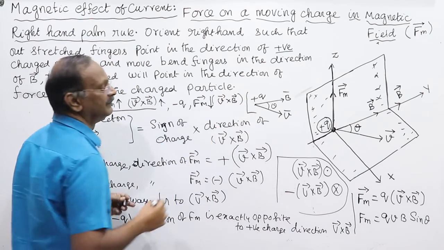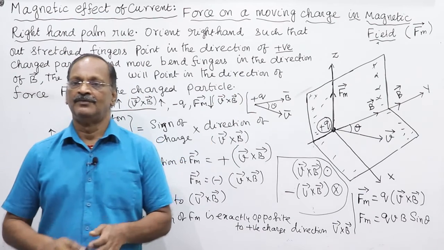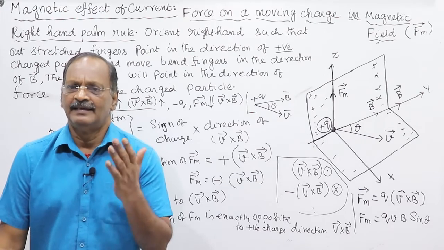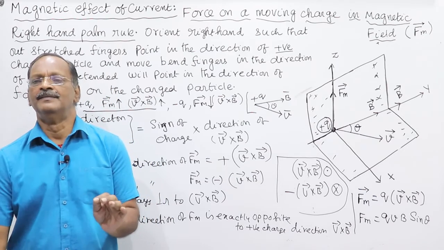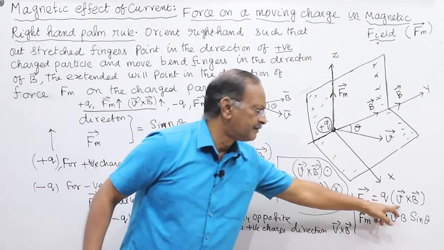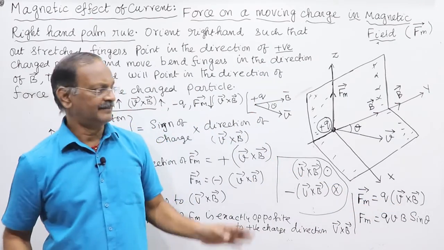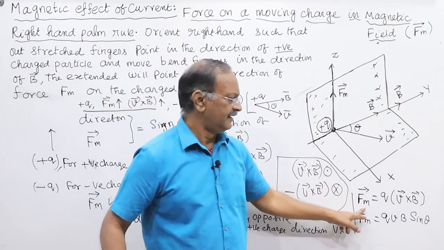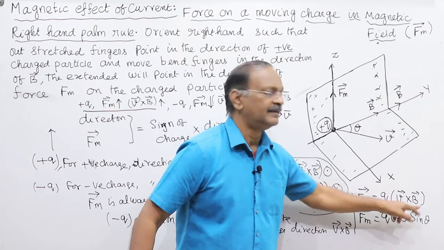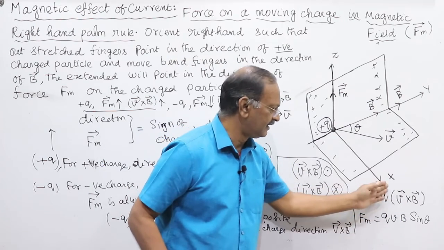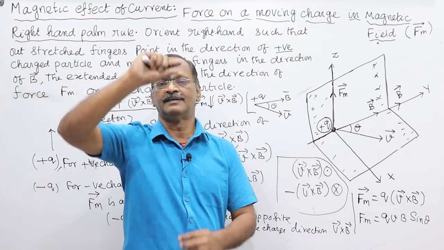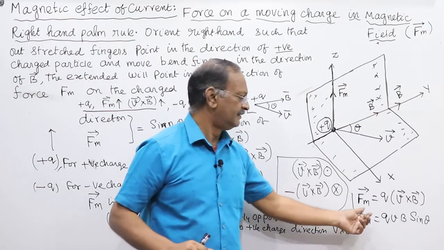This you have to remember, it's a very simple rule. For negative charge, the direction of Fm will be exactly opposite to the cross product V cross B. For positive charge, the direction of Fm will be the same as the direction of V cross B. Because this is a scalar, it only increases or decreases the magnitude of the vector, but not the direction.